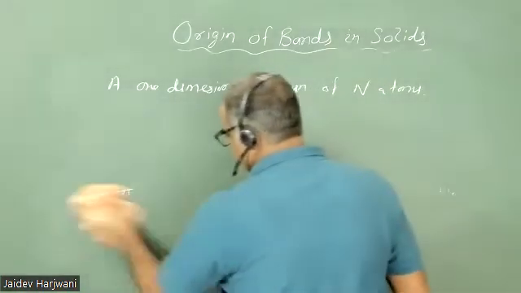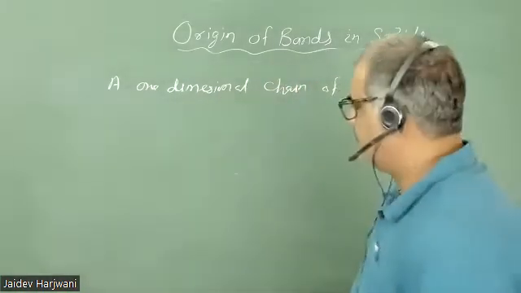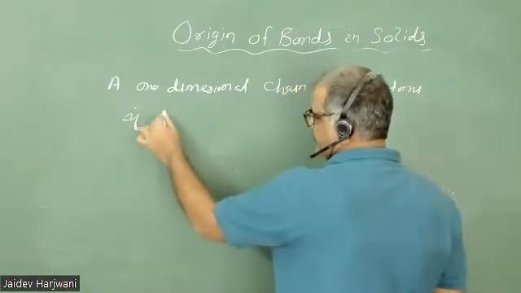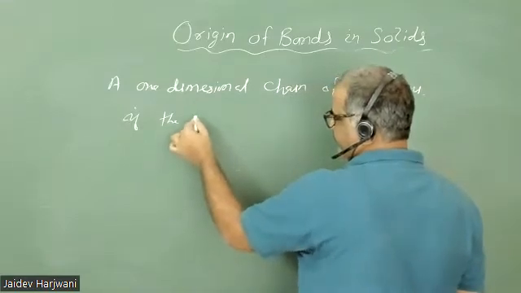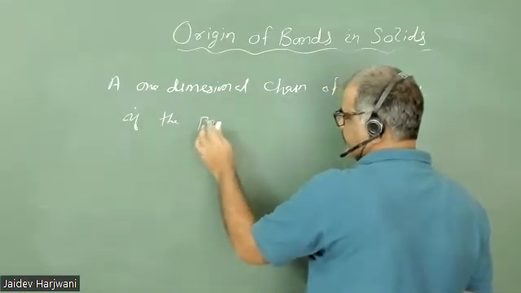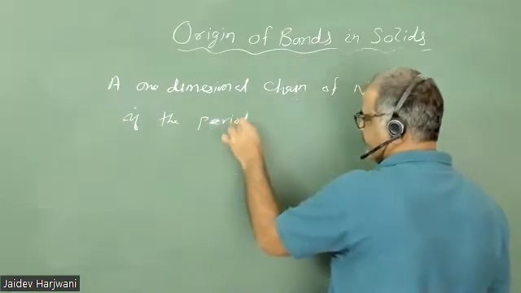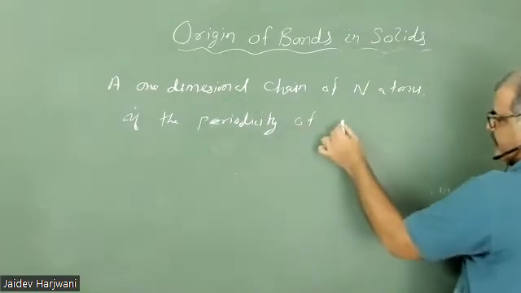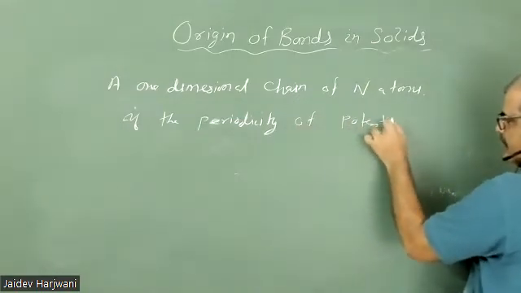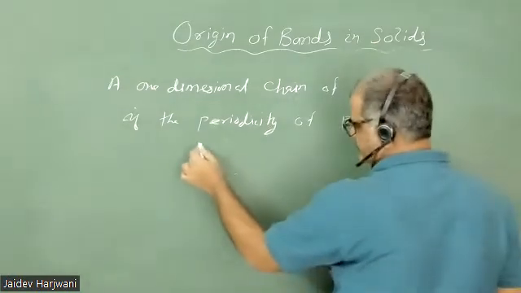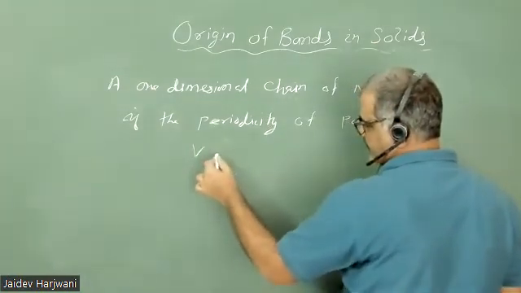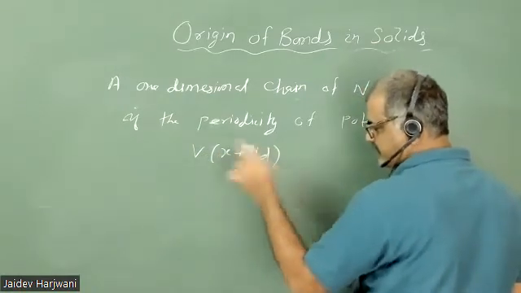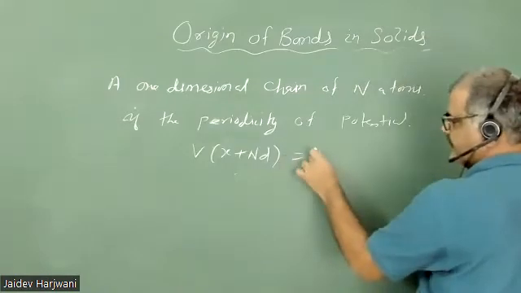The periodicity of the lattice is the periodicity of the potential. If the potential is periodic, it is like V(x + nd) = V(x).